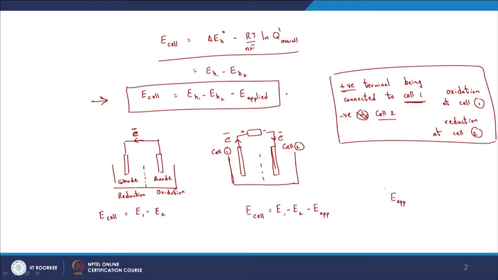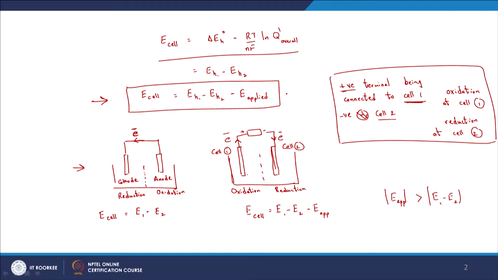Now if this E applied, the magnitude of it, is greater than the magnitude of E1 minus E2, which in this case I am assuming it is, then the electron flow is going to be reversed from this case. In the earlier case we had reduction at cell 1, but now, the way we have connected the relevant terminals, we are going to have promotion of oxidation at cell 1 and reduction at cell 2.